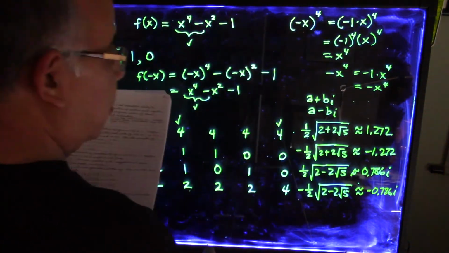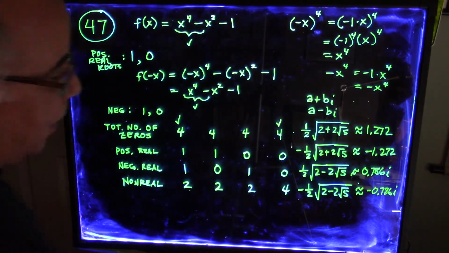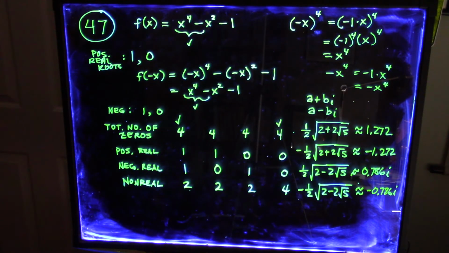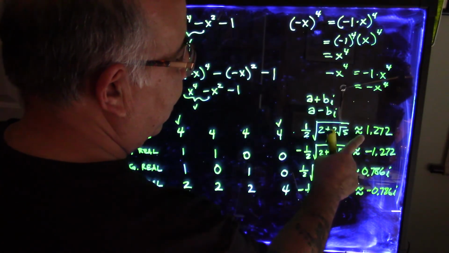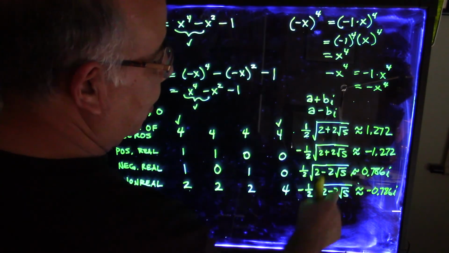So we have 2 non-real roots and 2 real roots on that one. And of course you only see these 2 real roots on the graph. You're not going to see those on the graph.